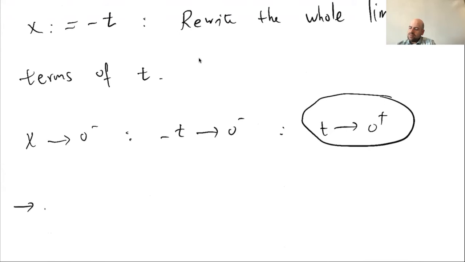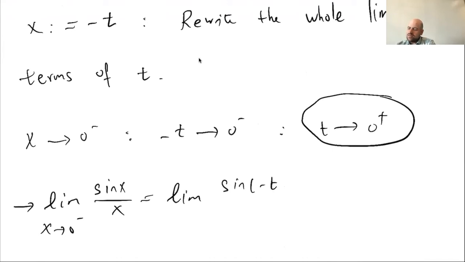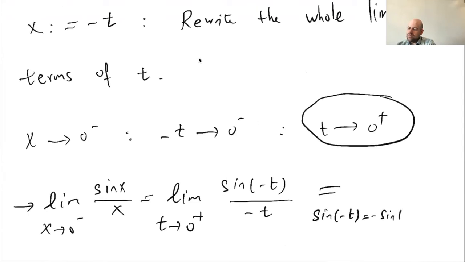And so we can say that the limit of sine x over x as x approaches 0 from left is equal to the limit of sine minus t over minus t as t approaches 0 from right. Sine minus t is minus sine t, so we can write this as the limit of minus sine t over minus t, t approaches 0 from right.